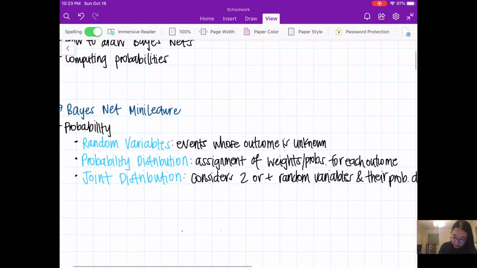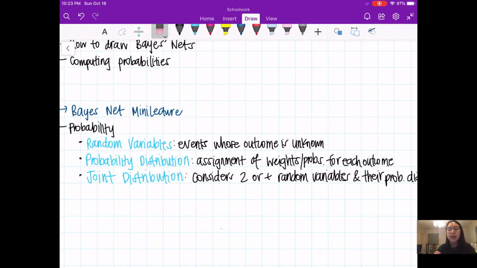An example of a joint distribution is usually represented by a bunch of random variables separated by commas, so it would look like probability of x and y, for example. Also, I am used to writing the P of probability with this double line. I'm not quite sure where I picked it up from, but I will be writing probability that way, and I think it's a good way to differentiate from the other P variables. I just wanted to point that out because I know it's weird and I don't want you to wonder what symbol that is.